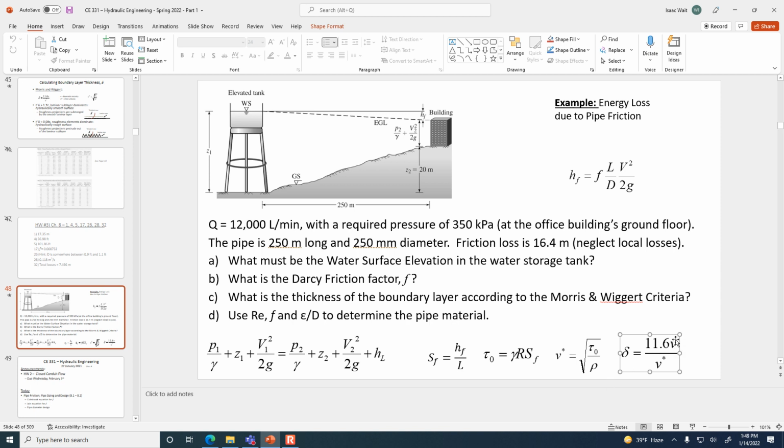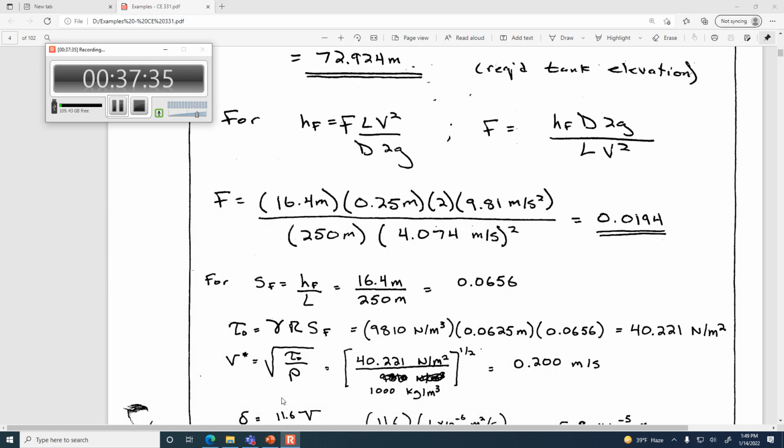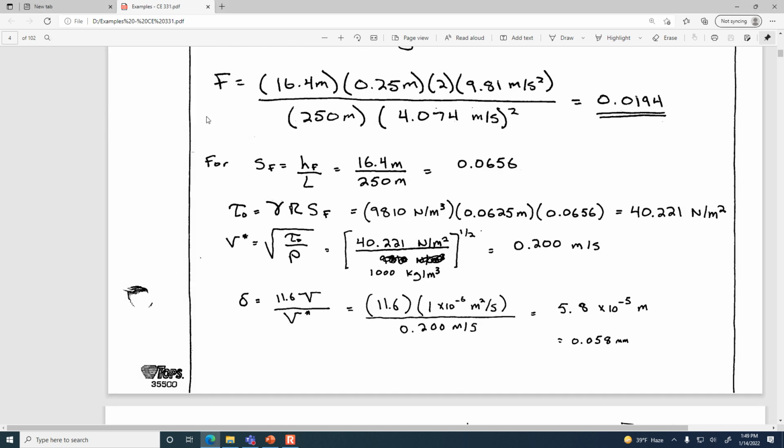So in the numerator, it's 11.6 times the kinematic viscosity. Denominator, the shear velocity. So we get that the layer thickness is going to be 5.8 times 10 to the minus 5 meters, meaning that the thickness of the laminar sublayer is 0.058 millimeters. So it's pretty small.